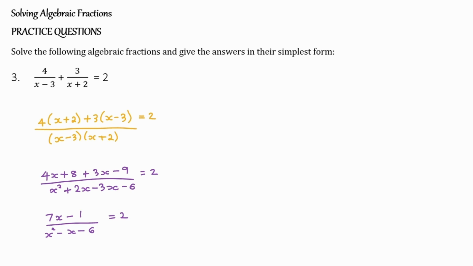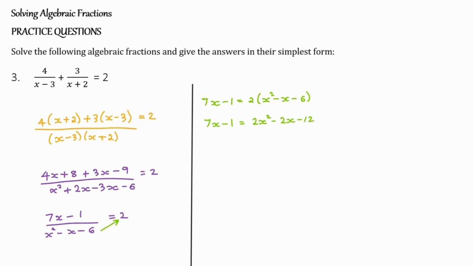To get rid of the quadratic from the denominator, we are going to cross multiply it with the 2. So this will now give us a linear equation, and we will have 7x minus 1 is equal to 2 times x squared minus x minus 6. If we expand that, we will have 7x minus 1 is equal to 2x squared minus 2x minus 12.